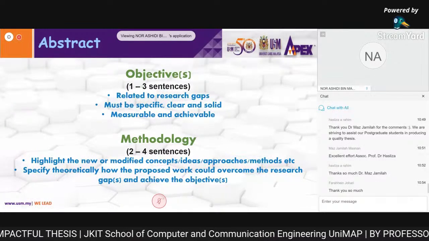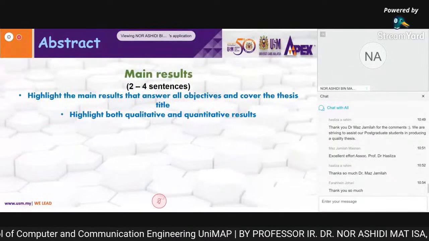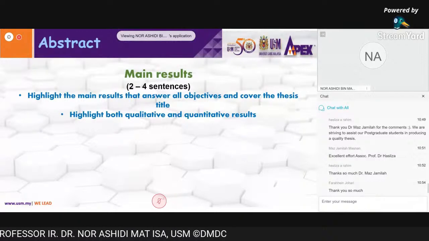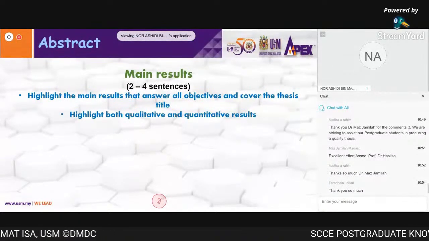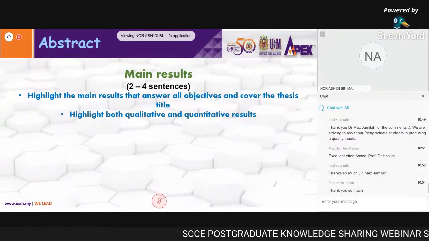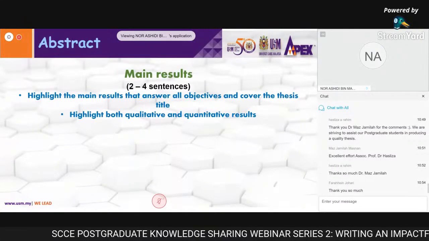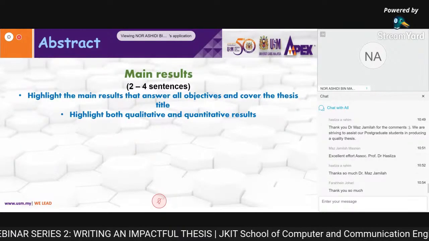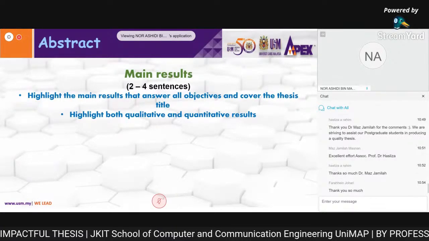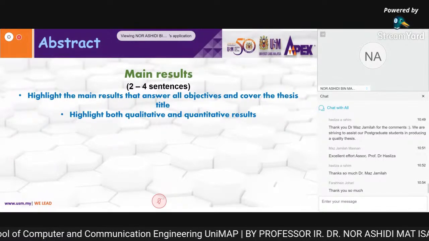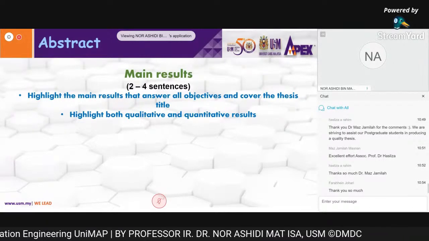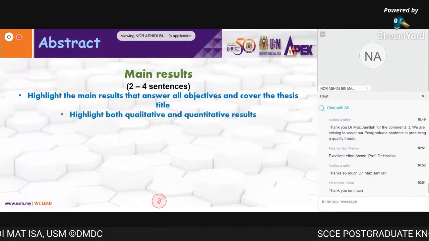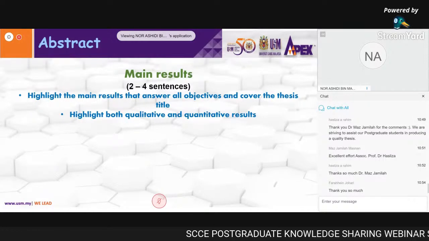And then the main results. When you propose the fuzzy base, just show that the introduced fuzzy base method has successfully identified the quality and the content of the image before it proposes a specific contrast enhancement.